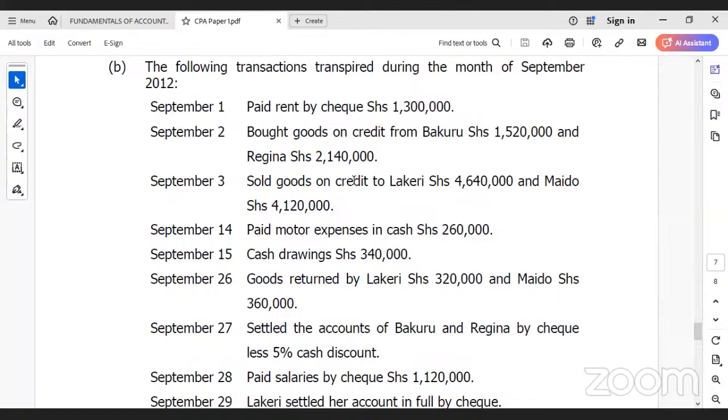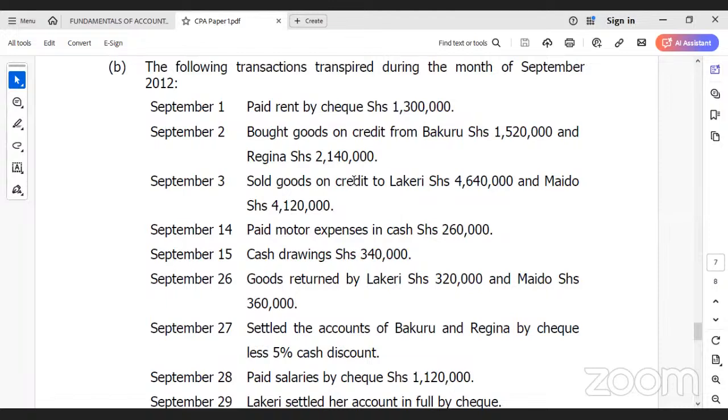On 3rd September, sold goods on credit to Lakeri, shillings 4,640,000, and Maido, 4,120,000. On September 14th, paid motor expenses in cash, shillings 260,000.